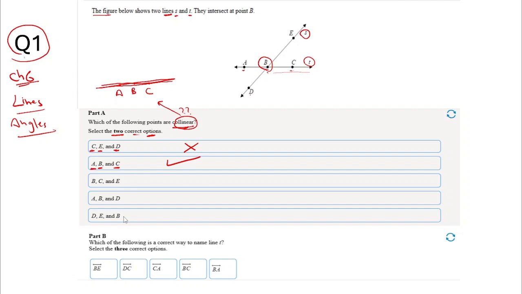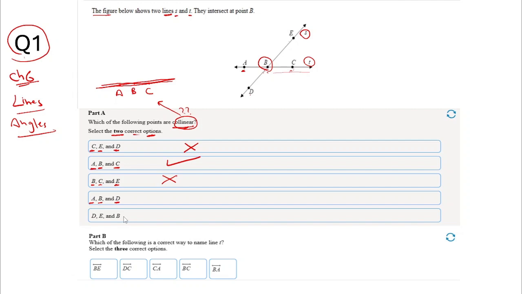Option 3, point B, point C, and point E. They are not in the same line, so this option is not correct. Option 4, point A, point B, and D. We'll go to the figure.